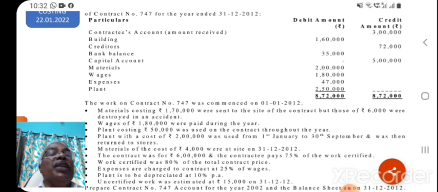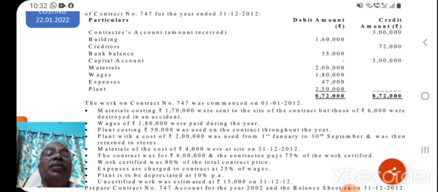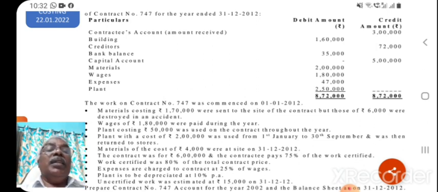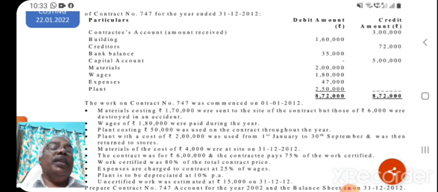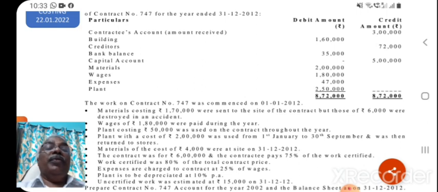Out of that, 75% is the payment done. 75% comes to 3 lakh 60,000. Expenses charged on the contract are 25% of the wages. So we should calculate what is 25% of the wages. Wages is 1 lakh 80,000. So 25% of wages is 45,000.